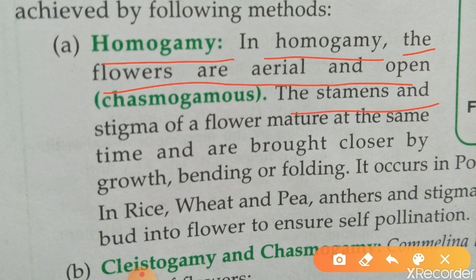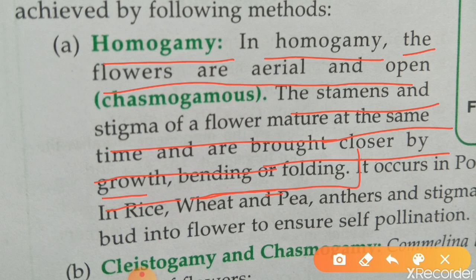The stamens and stigma of the flower mature at the same time and are brought closer by growth, bending or folding. In this homogamous flower, stamen and stigma mature at the same time and they come very close to each other by the following process: by growth, or by bending, or by folding.